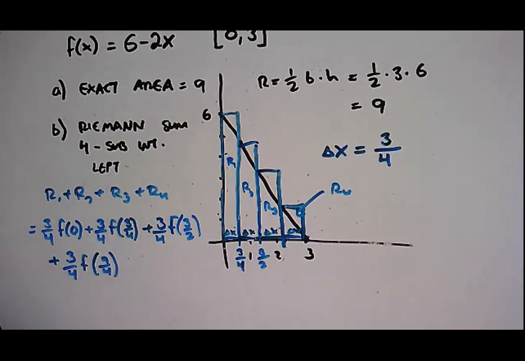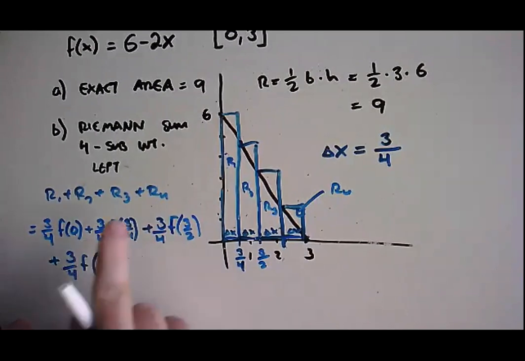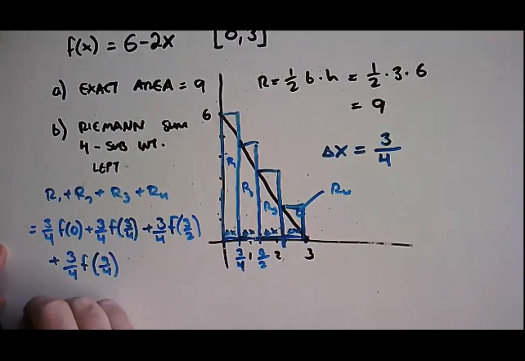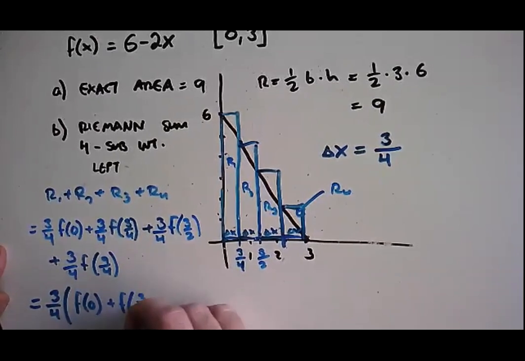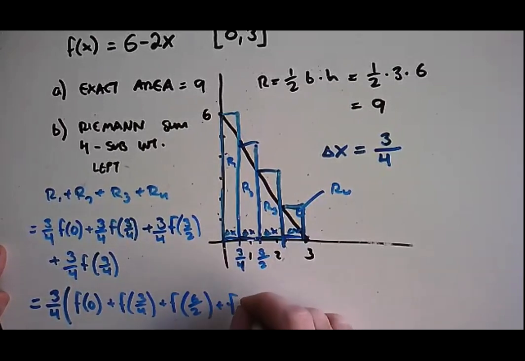All right, and I want to show one more thing here. Because we chose each one of these rectangles to have the same width, I could also rewrite this in a simplified form. Since all these rectangles have width 3/4, I could just factor out that 3/4 and calculate f of 0 plus f of 3/4 plus f of, sorry, what do we have there?